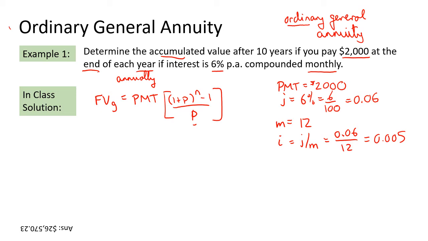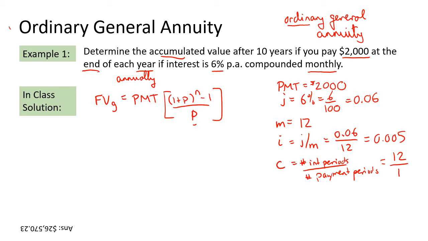Okay, so before we do that, we have to calculate the ratio C. Remember, that's the number of interest periods divided by the number of payment periods. Oops, that's bad handwriting, periods. Okay, so interest is compounded monthly, so that value is 12, and your payments are yearly.